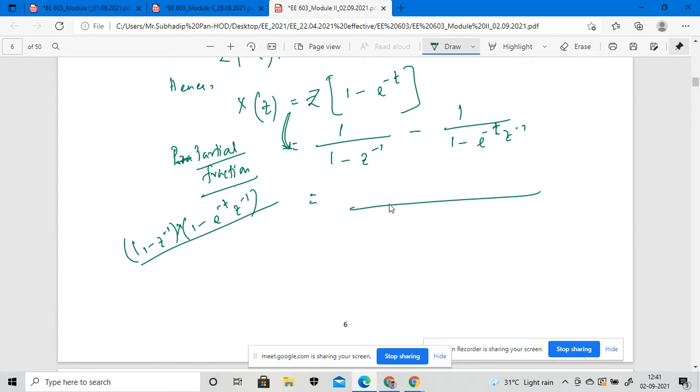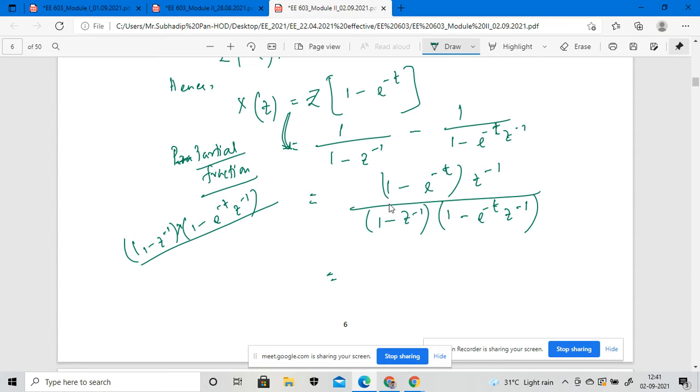So it will come 1 minus z inverse into 1 minus e to the power minus t z to the power minus 1 in the lower part, and in the upper part, 1 minus e to the power minus t into z inverse.